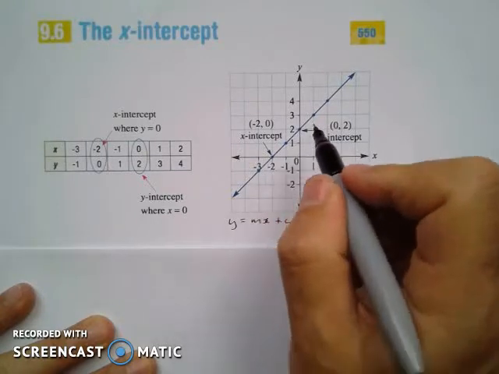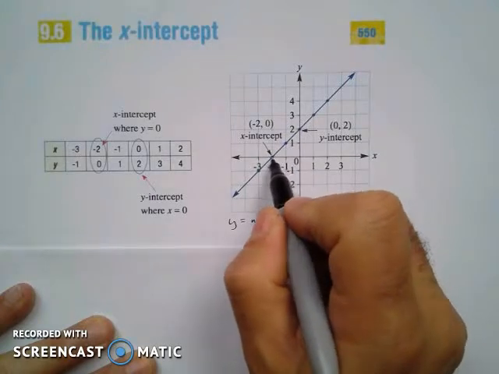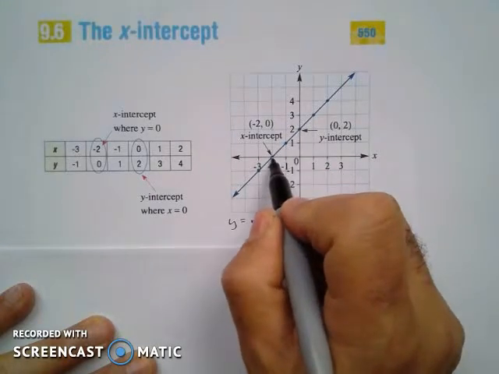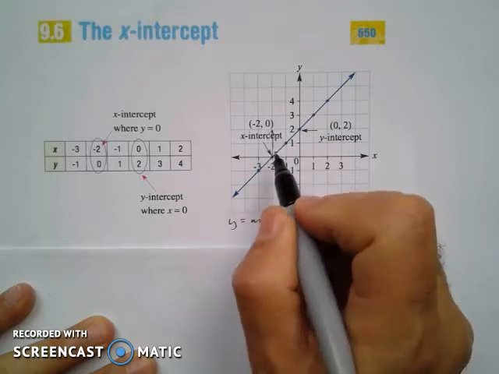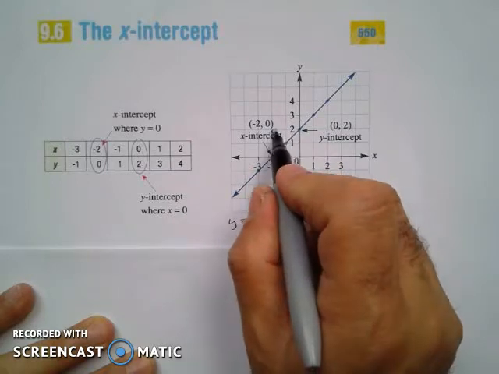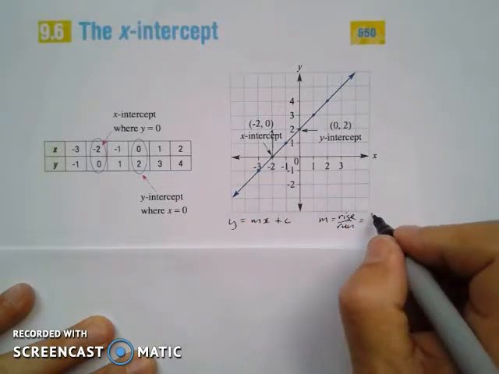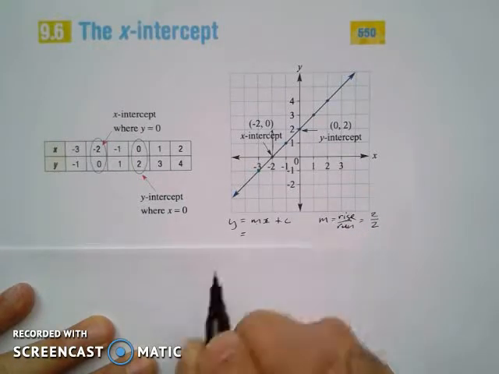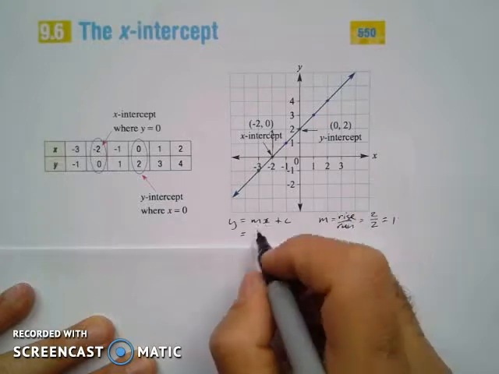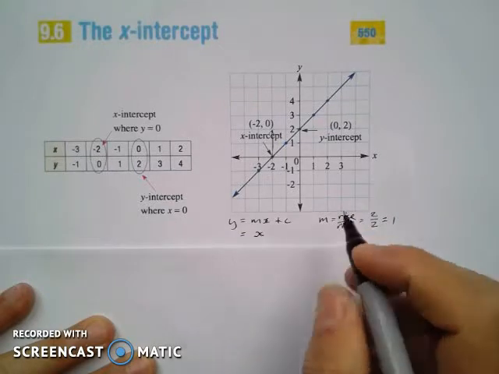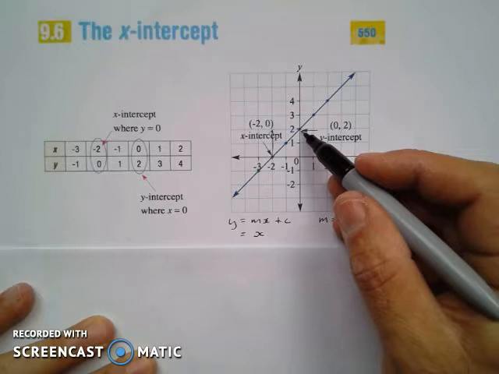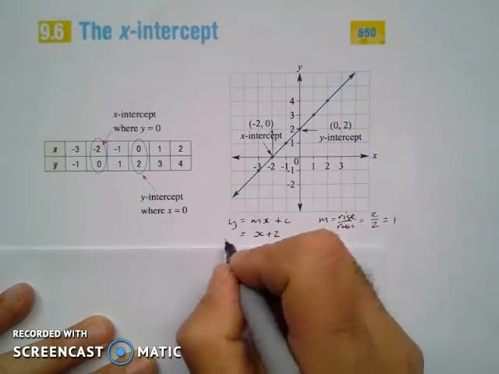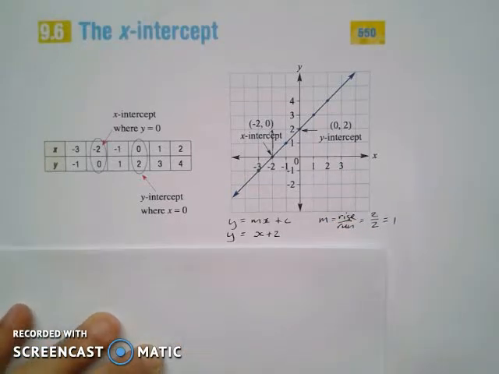If I go from this point to another point, my rise will be plus 2, and my run will be plus 2. So the rise over the run is 2 over 2, which gives me 1. So m is 1, and c is my y-intercept, which is 2. So the equation is y equals x plus 2.